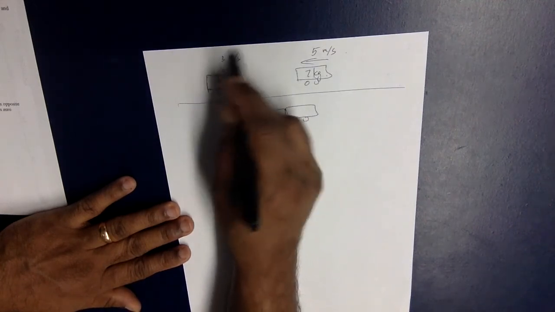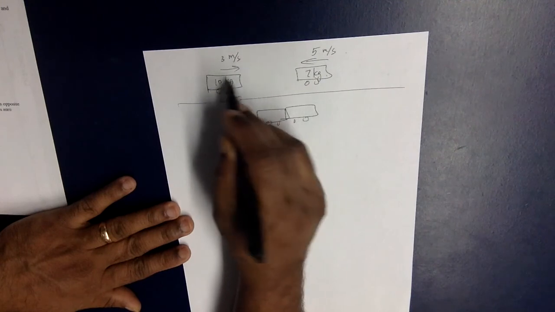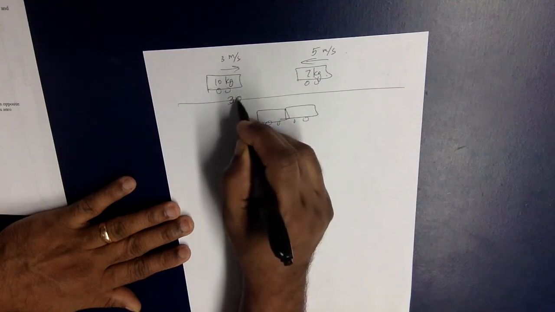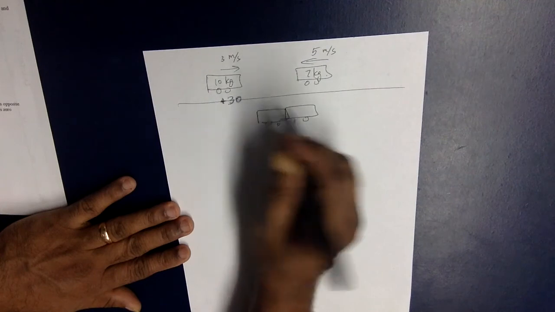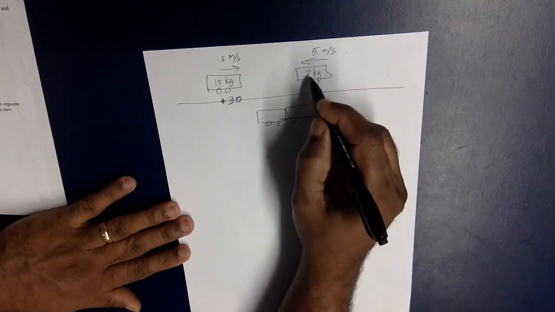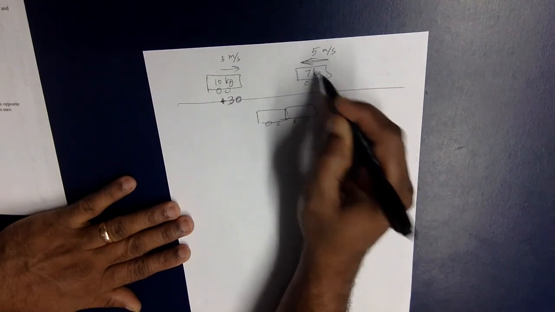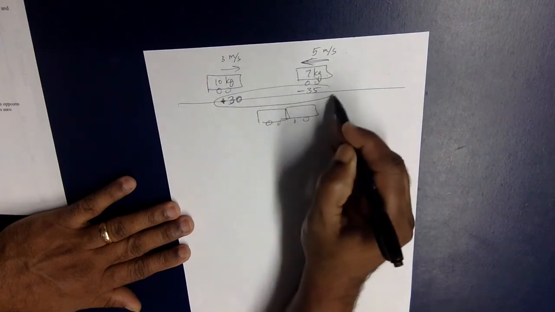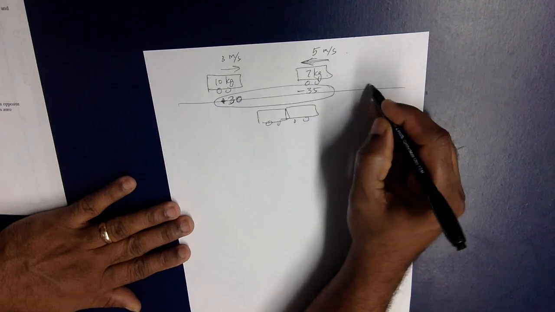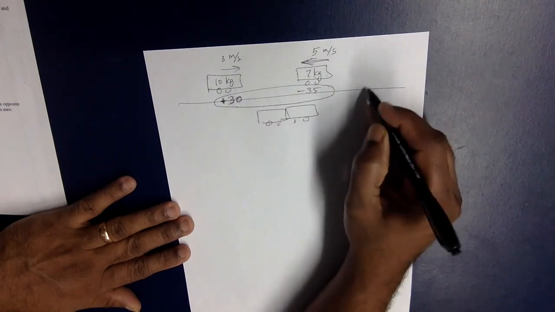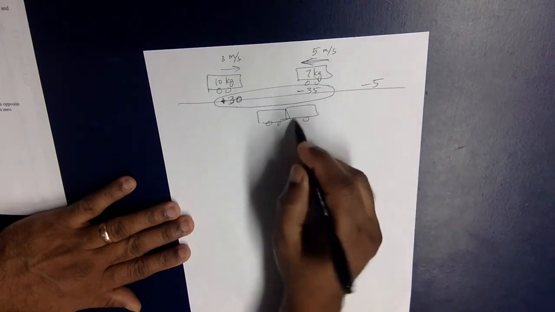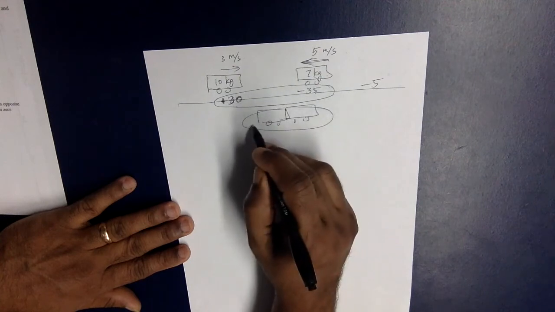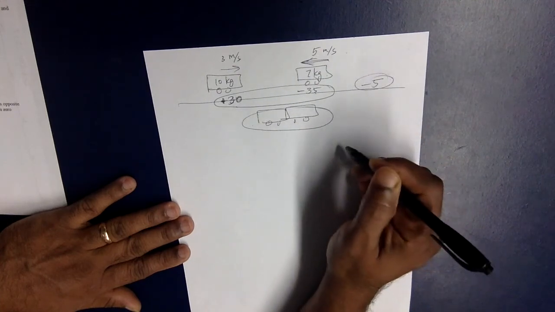So what do you do? Find the momentum of this first, which is 30 to the right. So it's positive 30. And what is the momentum of this? It's 7 times 5, but it's backward. So it's minus 35. So what is the total momentum? The total momentum is going to be 30 minus 35, which is minus 5. Now the total momentum after the impact should be the same as this.